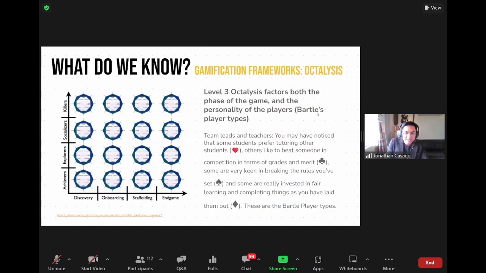Level 3 Octalysis, and this is what the examples later on, when we share what we have done, are doing, where you have not only the phases of the player journey, so discovery, onboarding, scaffolding, end game, but you also have the personalities of the players.